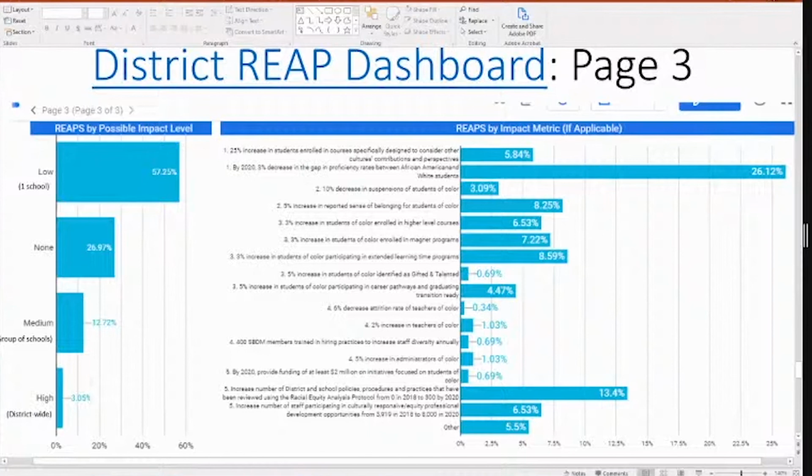Obviously, if it's a reading curriculum, that would connect to proficiency. But if it's, say, an art curriculum, that may connect with reading proficiency only as a distant connection, right? So most of our impact level is still at the low level. We do have some that go into the high level. Some are none because they were not related to any of these metrics.